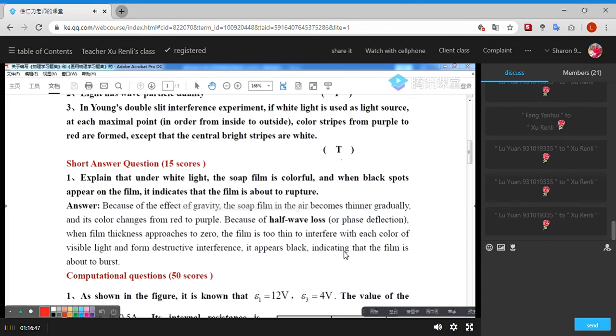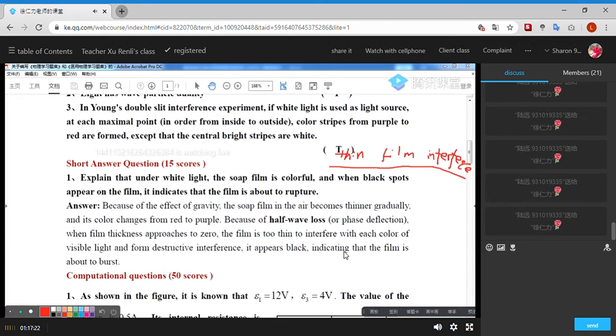We have discussed film interference when we talked about the chapter on wave optics. We have already learned it, but it's not our main topic. So let's skip this question.